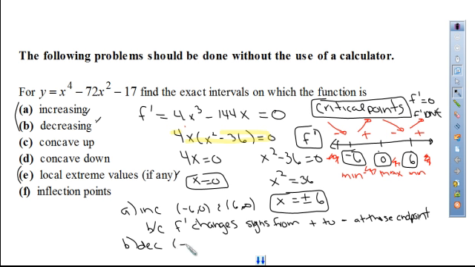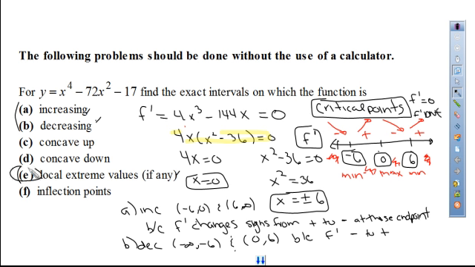I am decreasing from negative infinity to negative 6 and from 0 to 6 because the derivative changes sign from negative to positive at this endpoint.